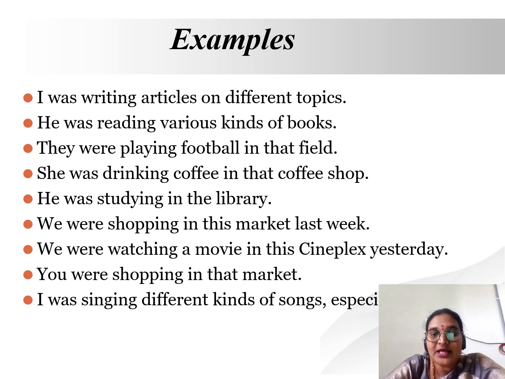If you can see all these sentences, we can understand that these particular things happened at a particular point of time in the past, and we express those in this past progressive tense.